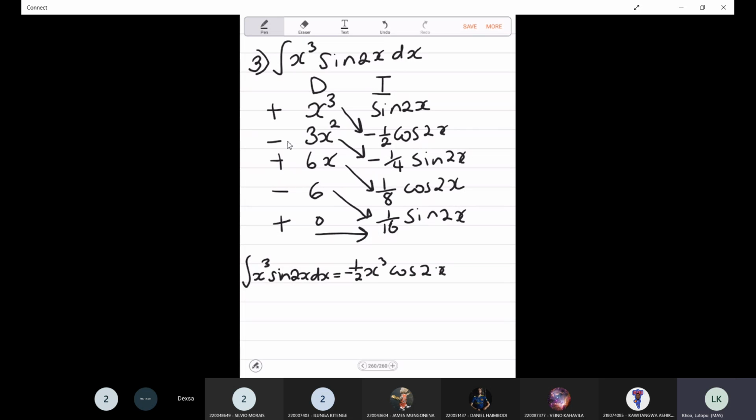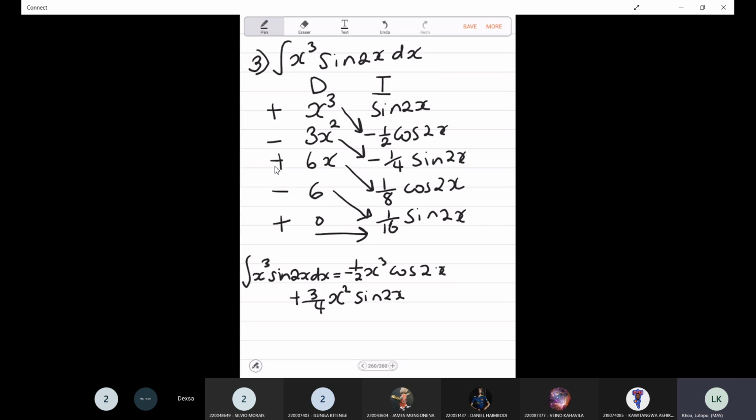Then we have negative and negative, that will give us positive. So we have plus 3 times 1 over 4, this is 3 over 4 x squared sine 2x.